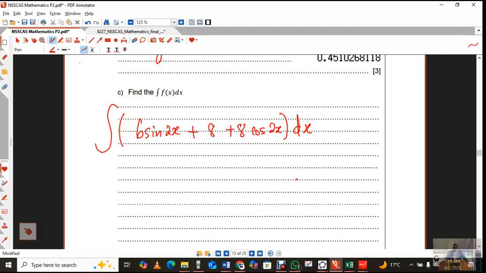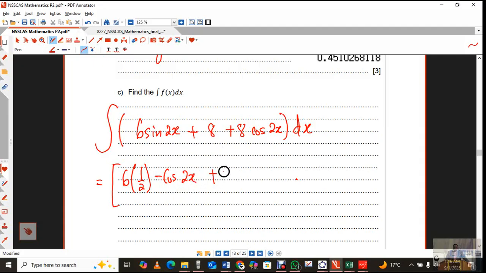Right, I hope you are very familiar with how to integrate trig functions. Okay, so this is going to be 6 times 1 over a, that's a half, right? Let's put it in brackets. 6 times 1 over a, and if you integrate sine 2x, you get minus cos 2x, okay?